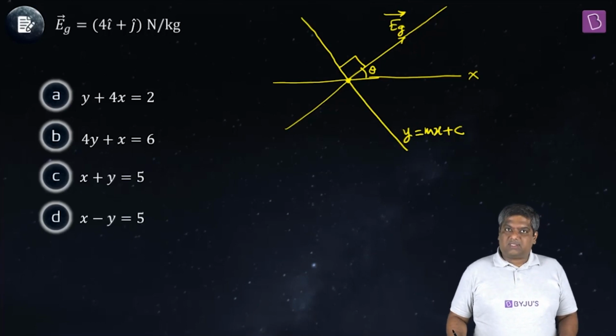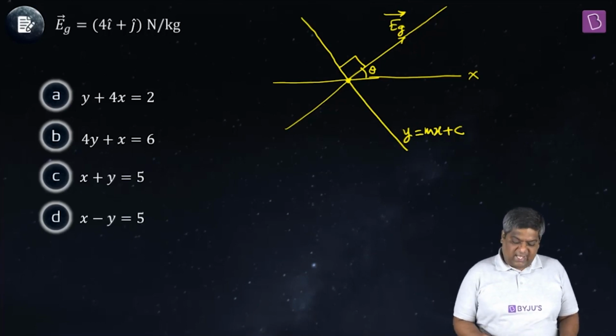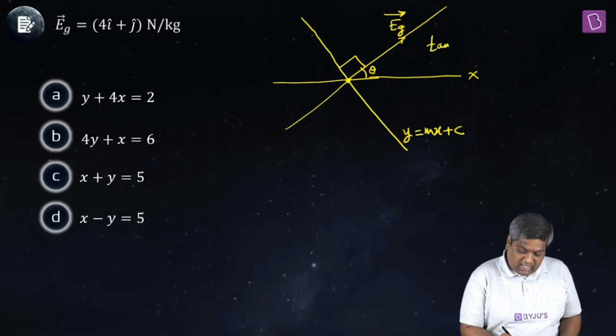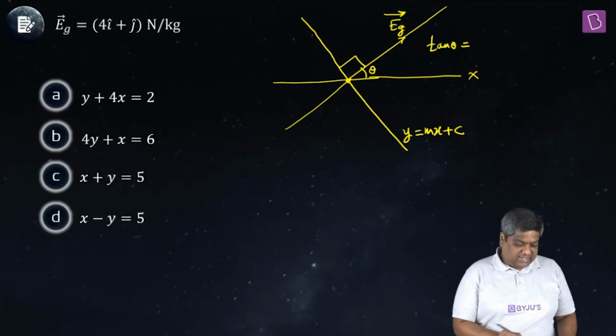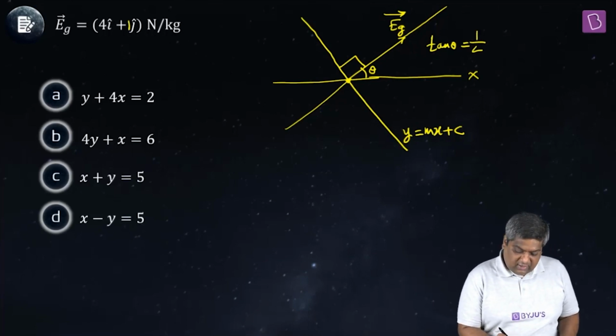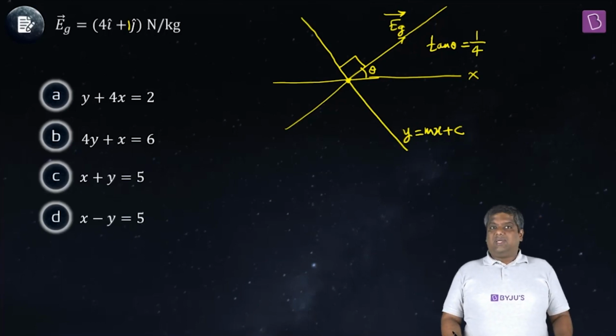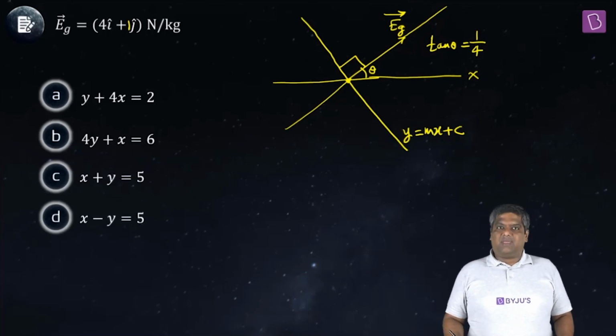So now what is the slope of Eg, or the line along which Eg is present? It is tan theta, and we know that from vectors tan theta is nothing but the y component divided by the x component. Y component is 1, x component is 4, so tan theta, or the slope of the line along which Eg is present, is 1 by 4.